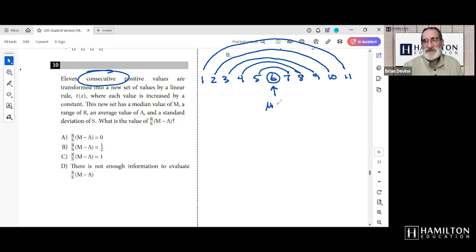So in a set of consecutive data, the mean and the median are the same number. So in this one, m equaled a, and m minus a equals 0. And anything times 0 equals 0. So A is your answer.